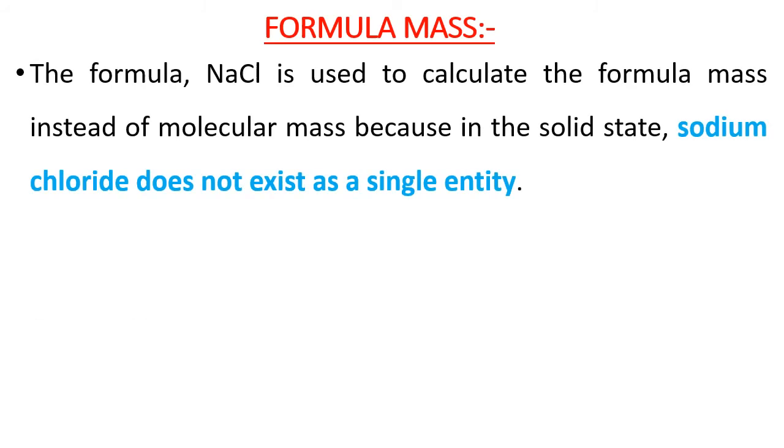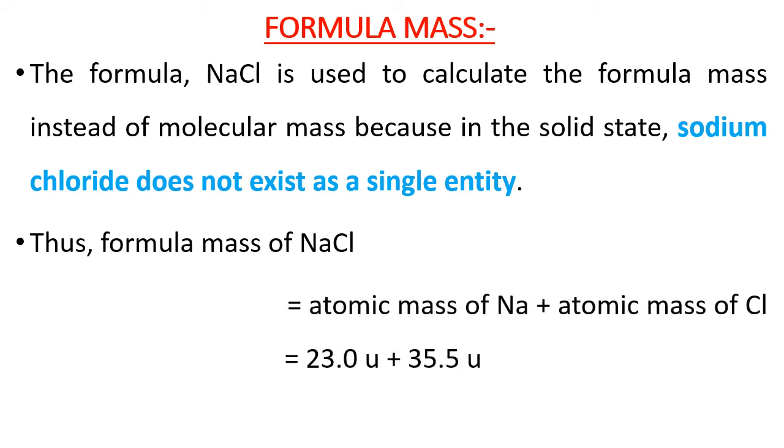The formula NaCl is used to calculate the formula mass instead of molecular mass because in the solid state sodium chloride does not exist as a single entity. Thus, the formula mass of NaCl is equal to the atomic mass of sodium plus the atomic mass of chlorine, which is equal to 23 u plus 35.5 u, which becomes equal to 58.5 u, which is the formula mass of NaCl.